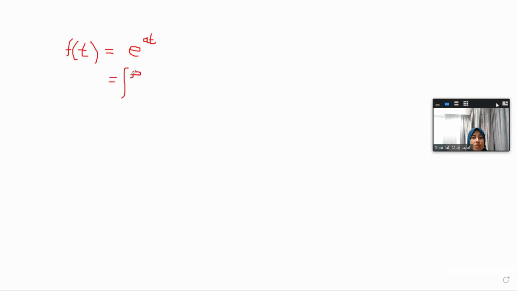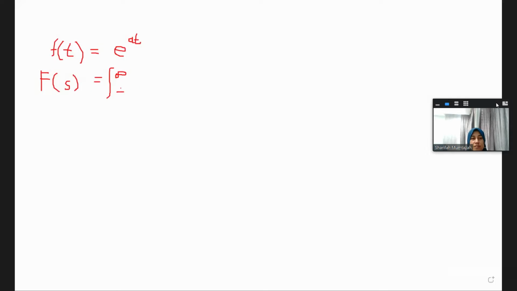Yeah, you have to write F(s), because that is the product of the Laplace transform. From 0 to infinity.